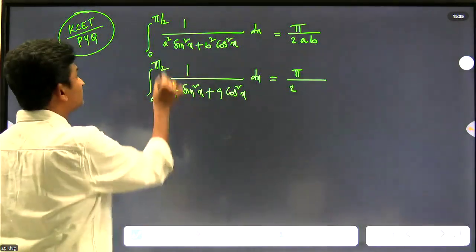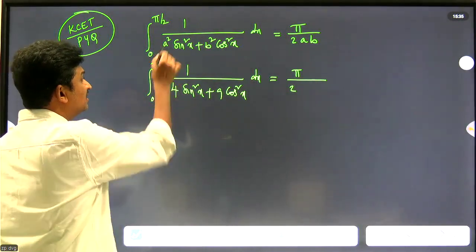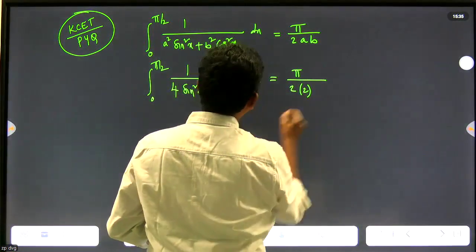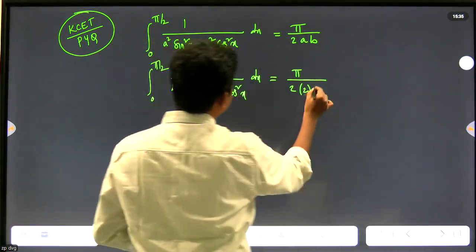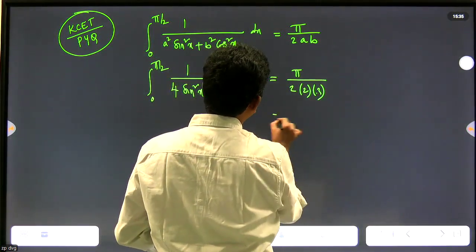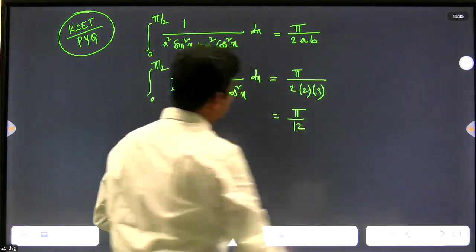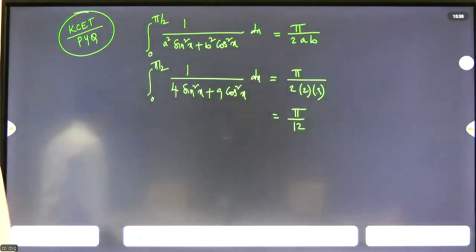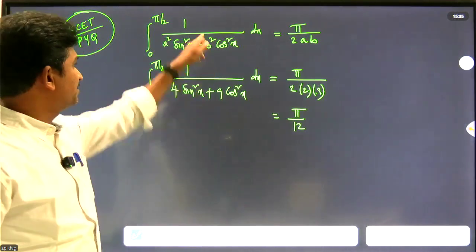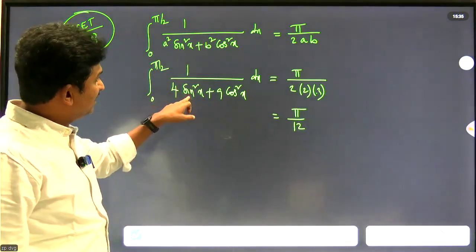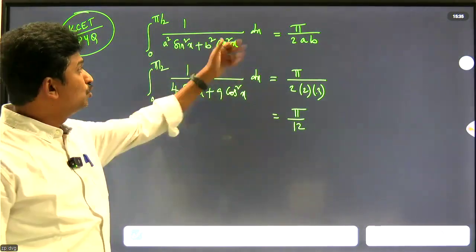What is a here? This is 2 square, so a is 2. What is b? This is 3 square, so b is 3. So what you will get? Pi divided by 12, right? So directly you can write. They asked this as a PYQ. If they ask a problem like this also, you can solve it if you know this formula.